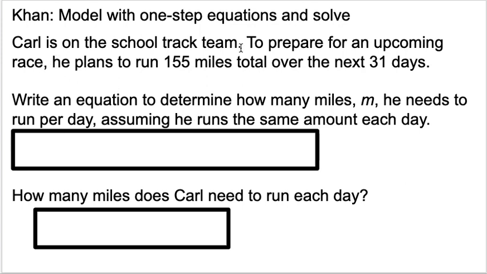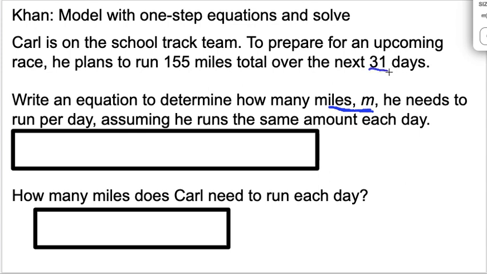Carl is on the track team and preparing for an upcoming race. He plans to run 155 miles over the next 31 days. We want to write an equation where m, so there's the variable we want to use, where m represents miles, so that's the miles he needs to run per day.